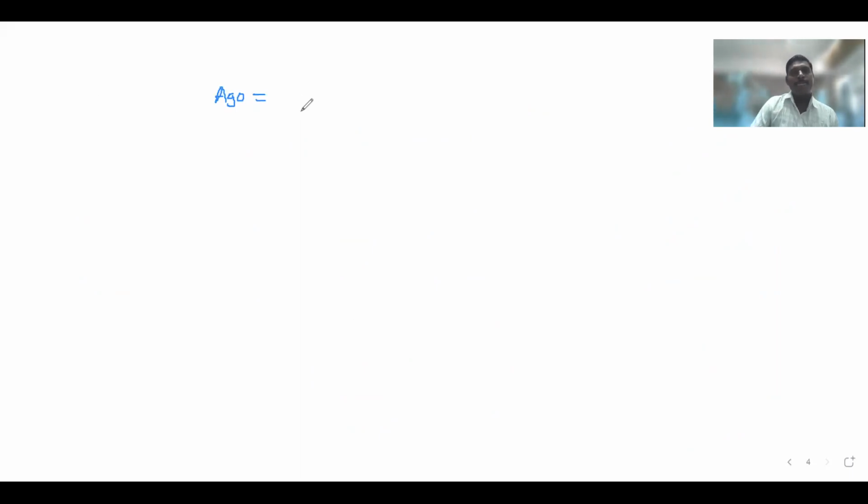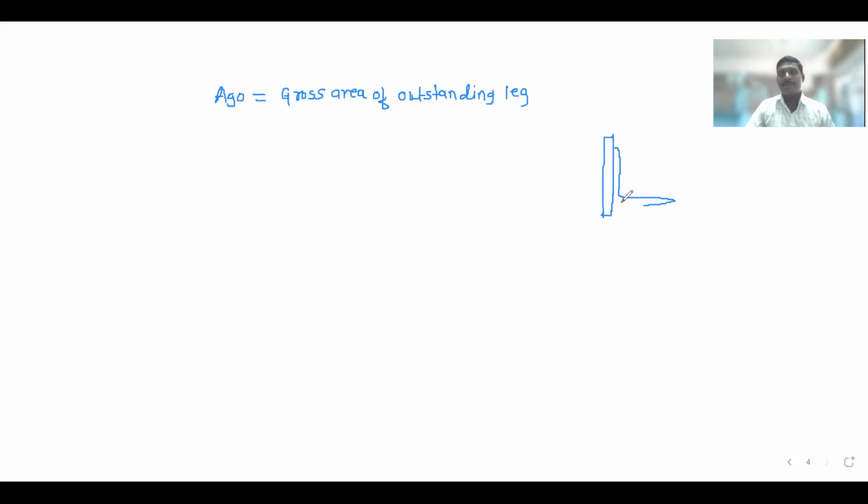What is AGO? AGO is the gross area of the outstanding leg. We have seen this figure.